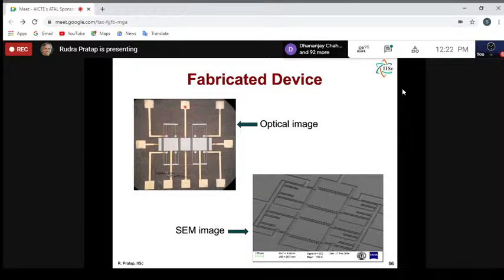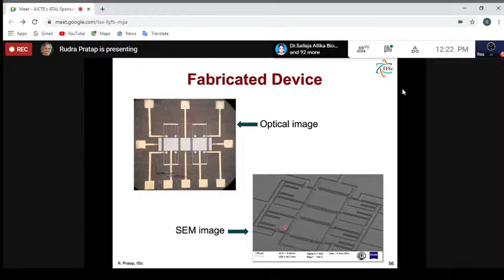This other color you see is the bottom electrode, which is at the bottom. And this is the electrode for the fixed comb drive part. So you have your electrode pads where you can probe and apply voltage.